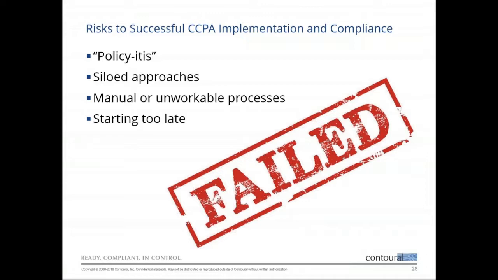And so organizations really need to think about how they make a repeatable, consistent, automated, streamlined process, either for providing access or deletion requests, because those could pile up pretty quickly. Again, it depends on how many California consumers or employees you're dealing with, but we think that's potentially a big issue.